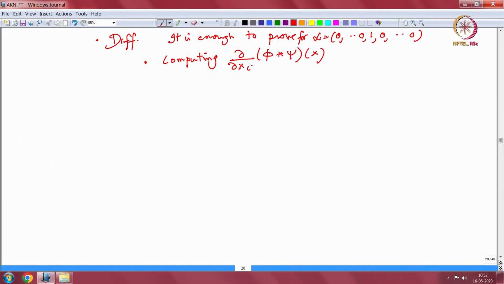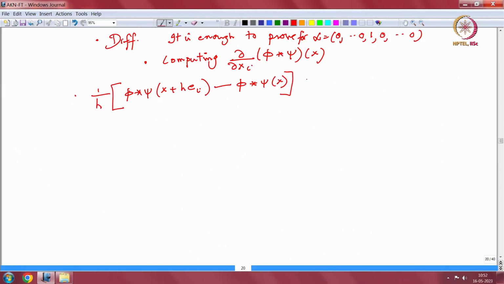So, you only have to check the validity, nothing more than that. The same principle. For h small, compute 1 over h times phi star psi at x plus h e i minus phi star psi at x, and then you have to see h tends to 0.